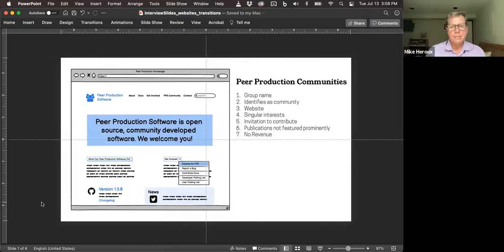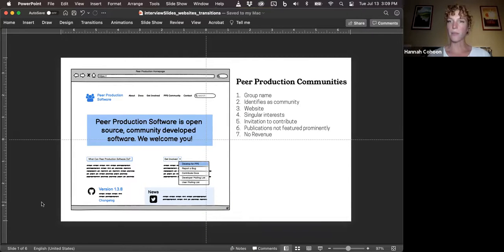Good. So we've been studying how scientific software projects pursue sustainability, and in particular through peer production. We call them peer production communities when other people might call them open source communities. And that's because we're talking about the way that they're doing the work.